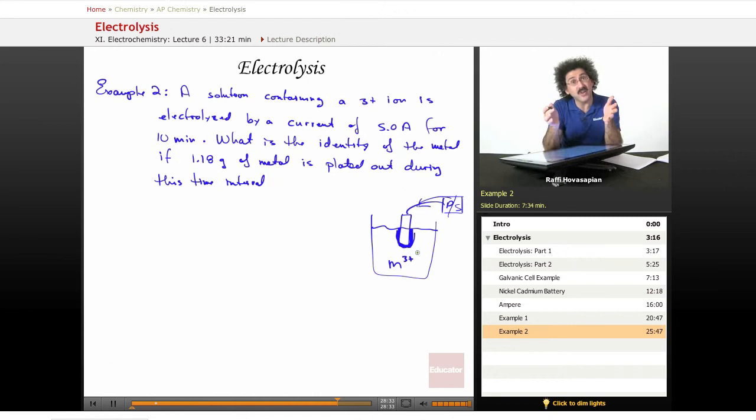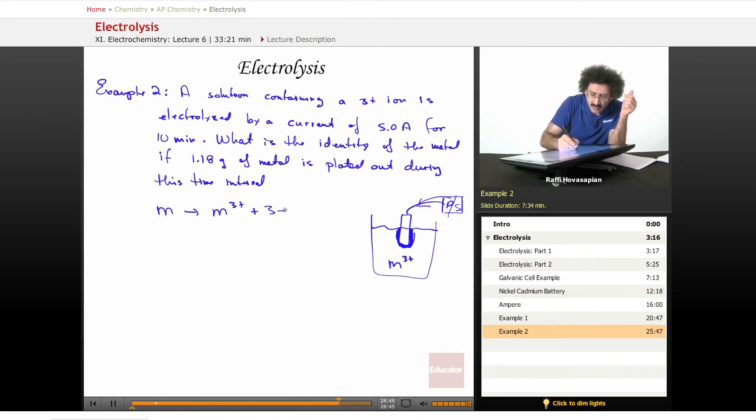Okay, well, first of all, let's just write the equation so we understand the number of moles of electrons that are transferred. So metal goes to metal 3+ ion plus 3 electrons. I could have written it the other way, it doesn't really matter: M3+ plus 3 electrons goes to M. Now, when they say identity of something, and when they give you the grams, what you need to identify something is molar mass. You need to know its molar mass.